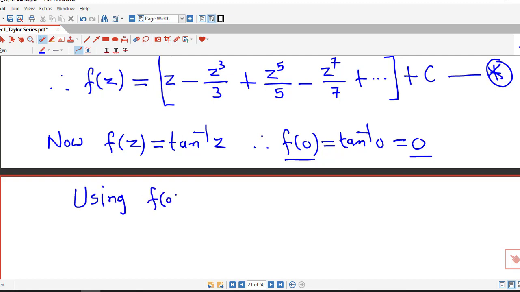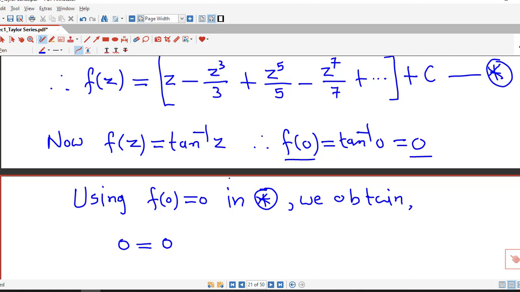Using f(0) equal to 0 in star, on the left hand side we have f(0), that is 0, and on the right everywhere we put z equal to 0. Every term contains z, so we obtain 0.